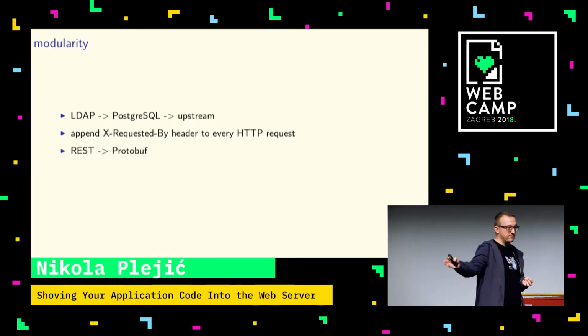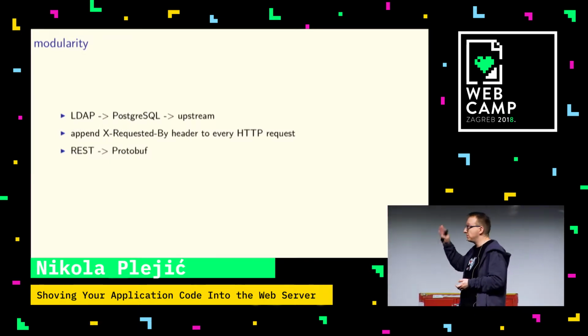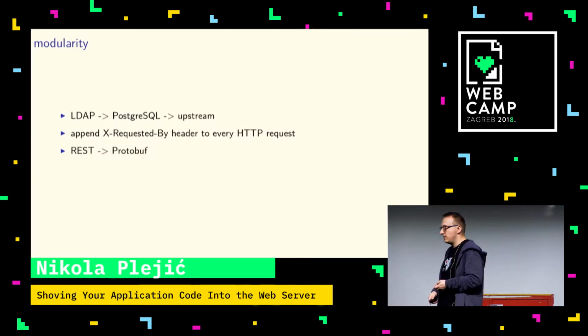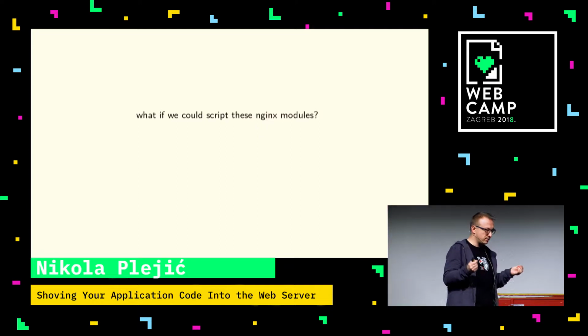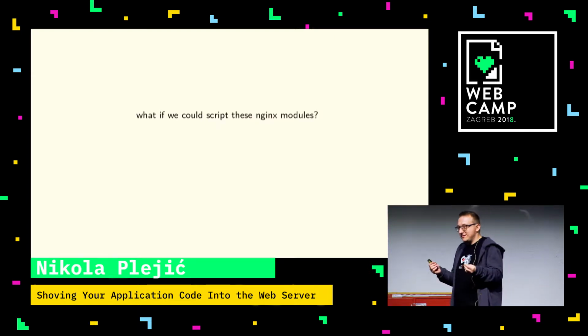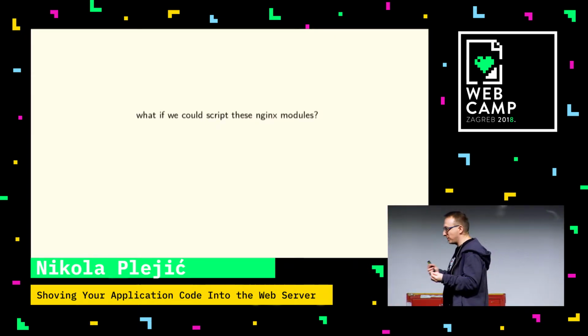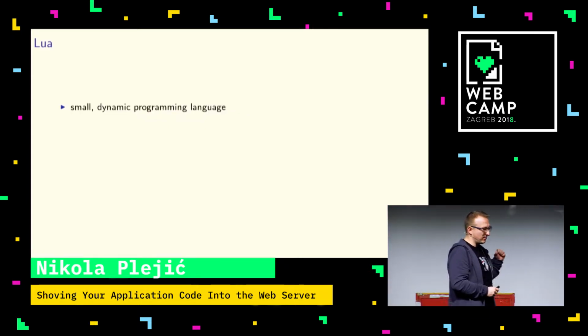For example, maybe you have something behind Nginx that doesn't speak plain text HTTP, and you just might want to change the wire transfer format. So we come to the central question of this talk, which is what if we could do some of these things in a language that's not the Nginx configuration language? What if we could script these Nginx modules differently? Let's put that aside for a little bit and let's talk about Lua.